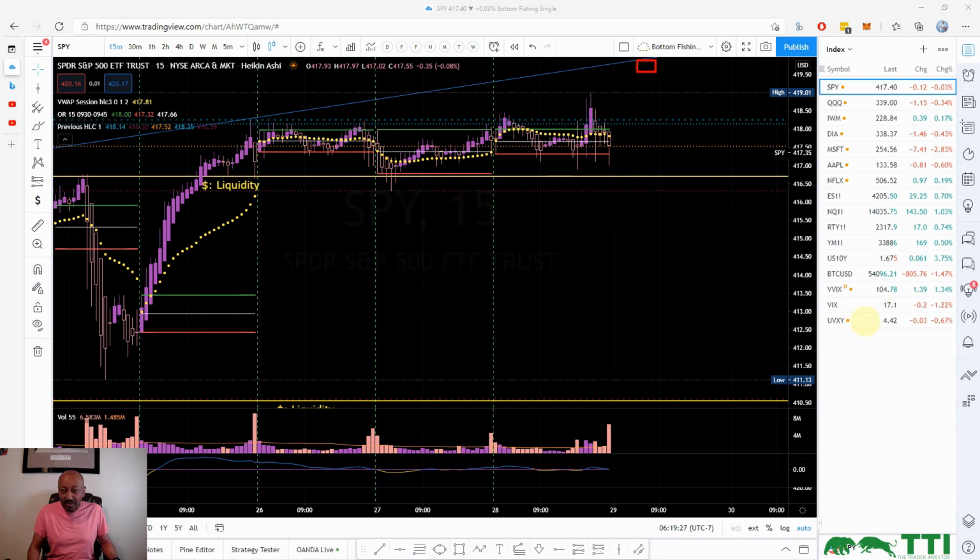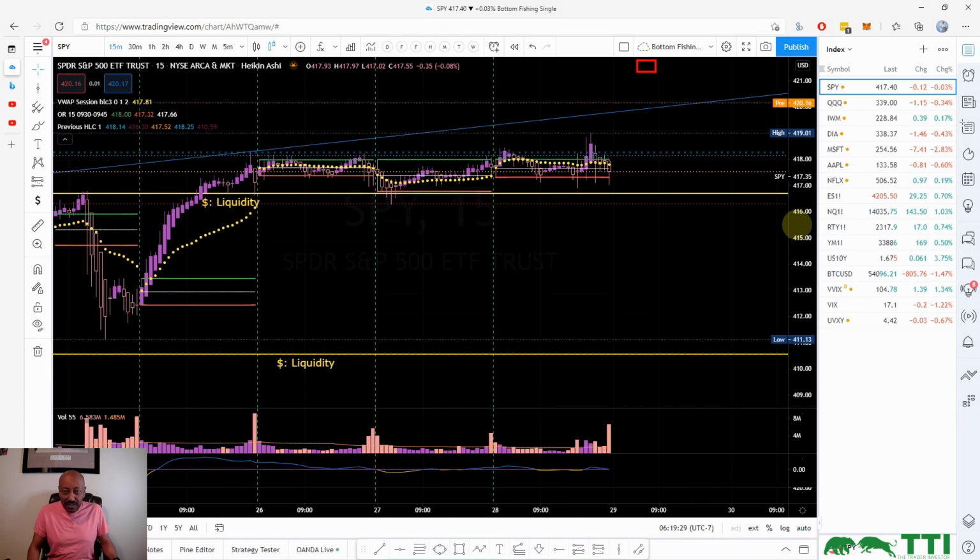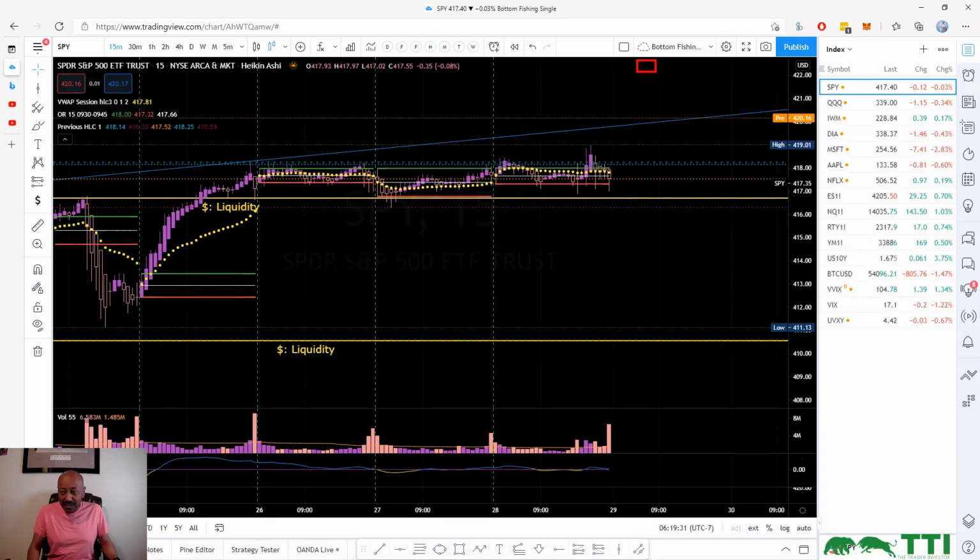So what I want to do then is look at that value. You see 420.16. That's the pre-market price. If we open here, what I want to see is the 15-minute range made. And if in the first half an hour we get an entry on either side, I want to take it.